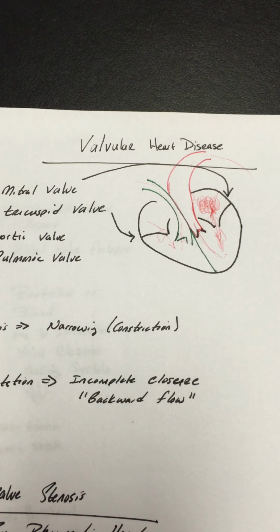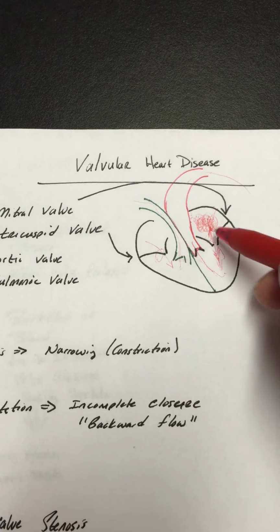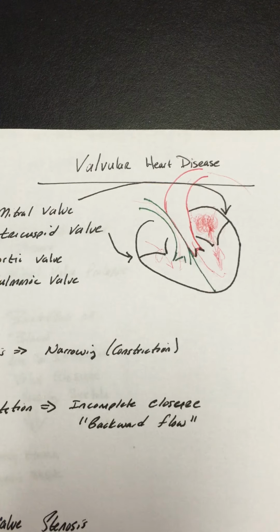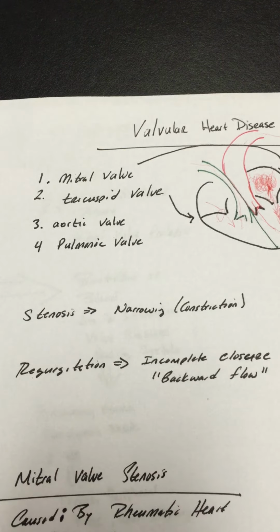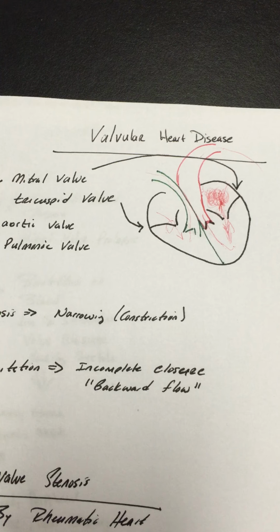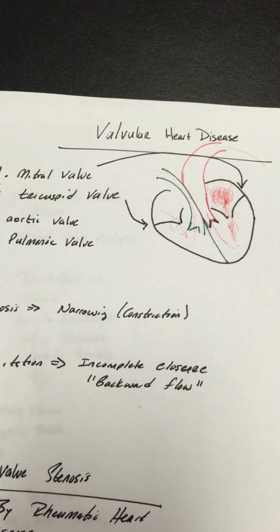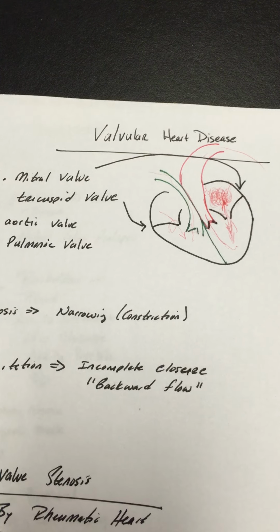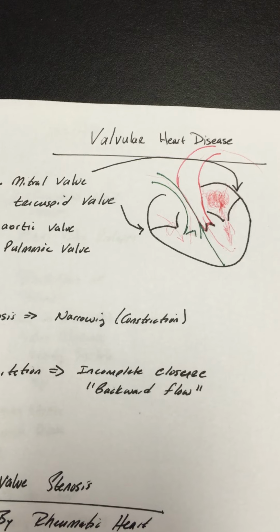So now we have to worry about blood clots or emboli. If this goes up to the brain, it can cause a stroke. Again, the atrium is having to push harder, having to contract harder, which will result in atrial fibrillation. Okay, so that is mitral valve stenosis.